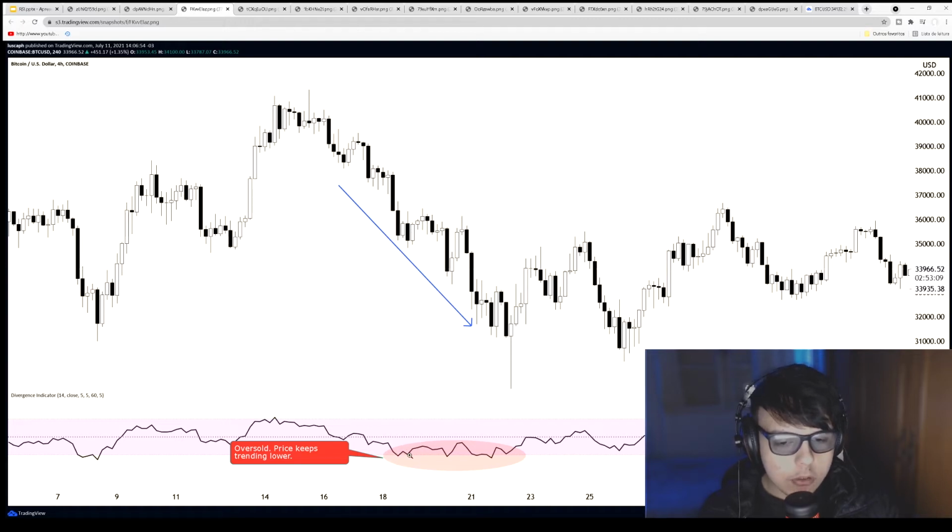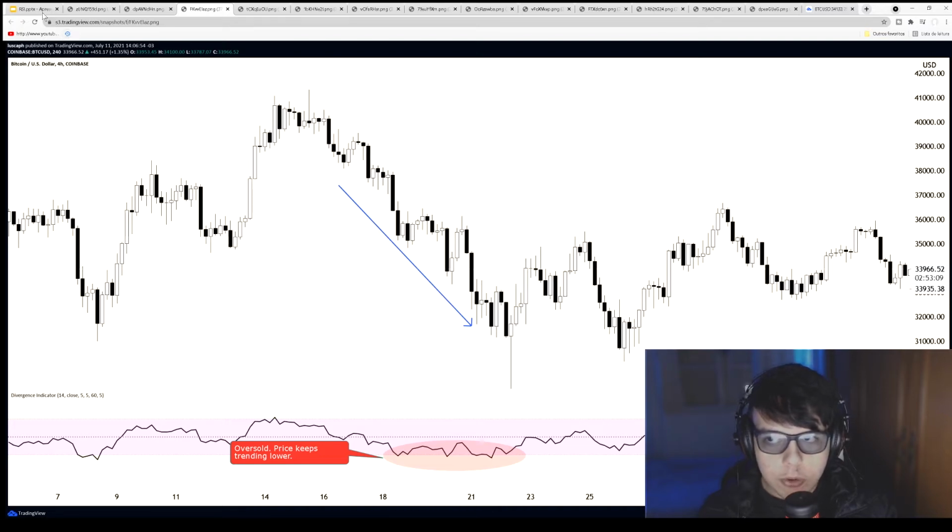And the RSI kept coming back to that oversold area as a result. So this is something to keep in mind, guys. This also contributes to the idea of using other indications along with this to make a trade or a decision on the market.